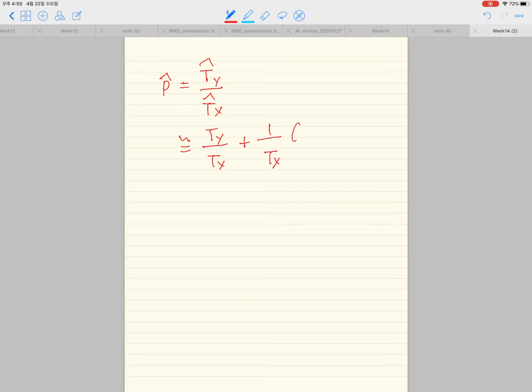If you do Taylor expansion, then this is your p hat equals t hat y over t hat x. And then the variance of p hat is 1 over t x squared times the variance of t hat y minus p times t hat x.